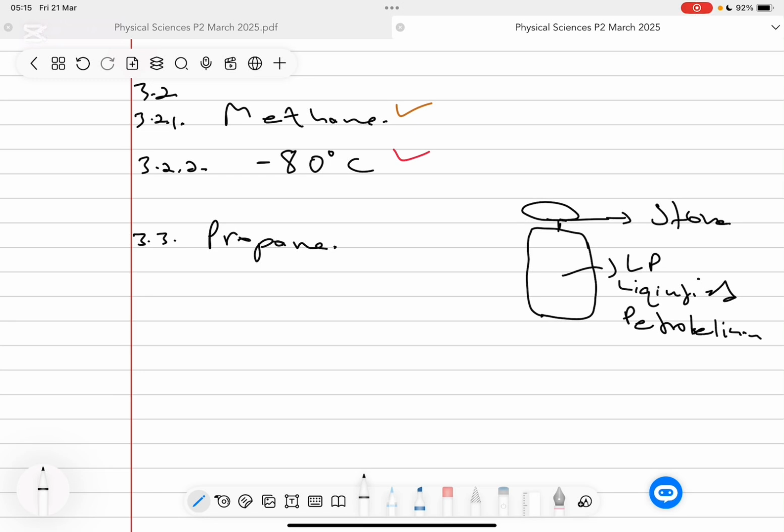We store it as a liquid inside here, and we use that for cooking. So the answer here would be: propane is used as LP gas for cooking.